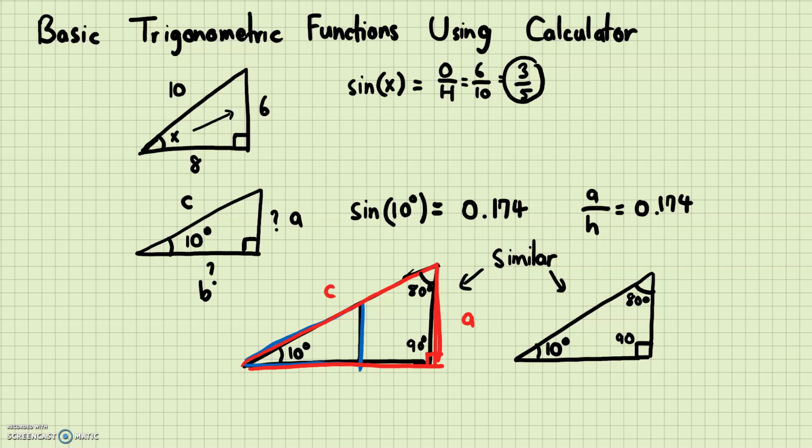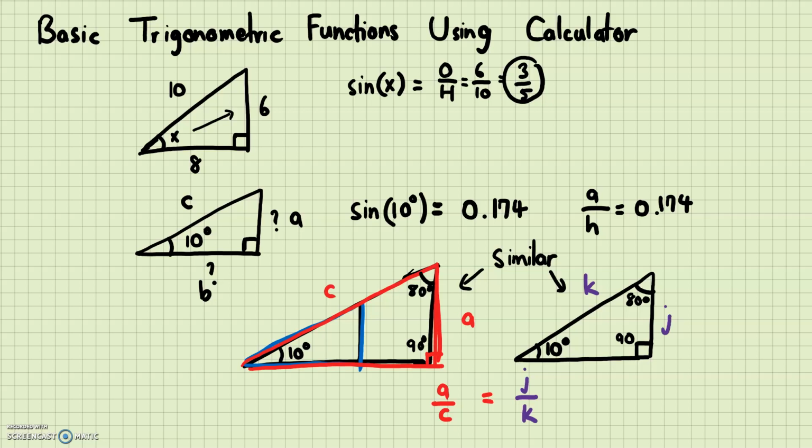So in a right triangle, as long as one angle that is not the right angle is the same, it means the two triangles are similar. So that's why the ratio of the sides, A to C, let me use different letters here, J and K, so A to C is going to equal J to K. That's a property of similar triangles.